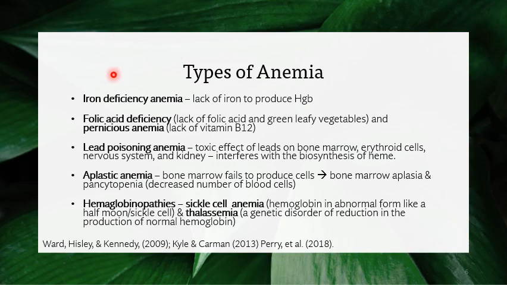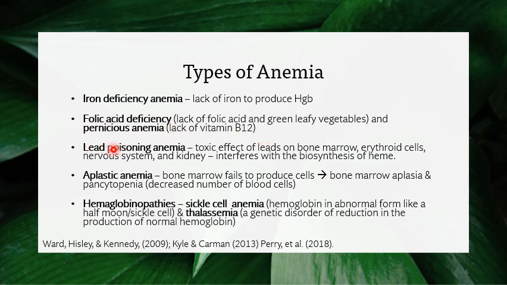So these are types of anemia. We have iron deficiency anemia because of lack of iron. We have folic acid deficiency because of lack of folic acid and green leafy vegetables. We have pernicious anemia because of a lack of vitamin B12.